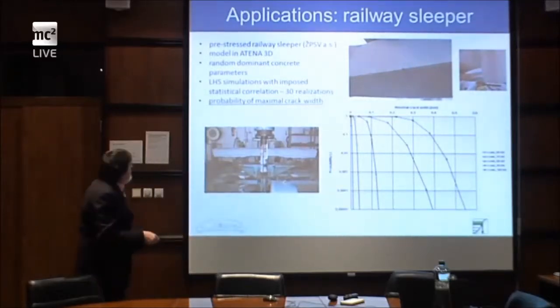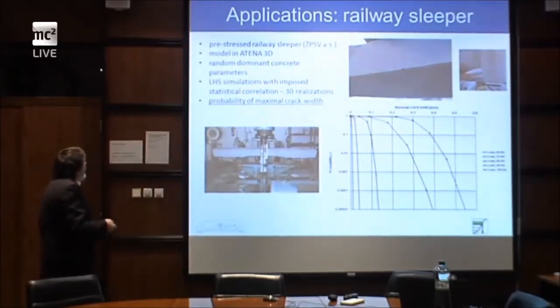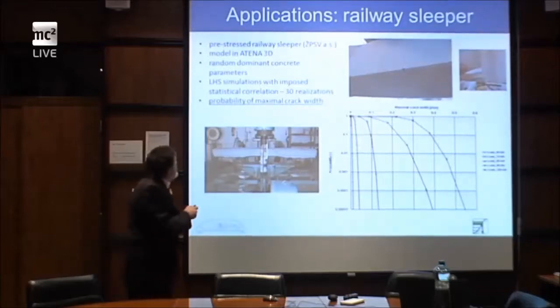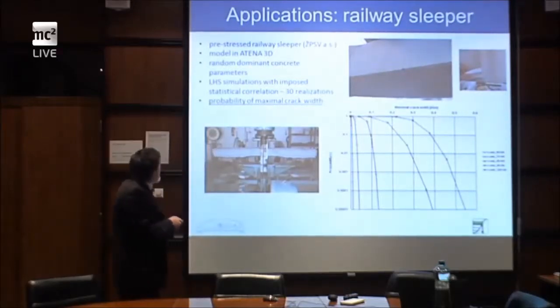Another application of the whole process was pre-stressed railway sleepers, where SARA calculation has been used for estimation of the probability of maximum crack width. The railway sleepers are tested in shear.